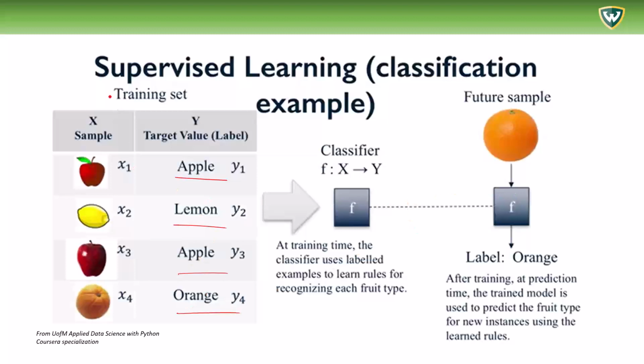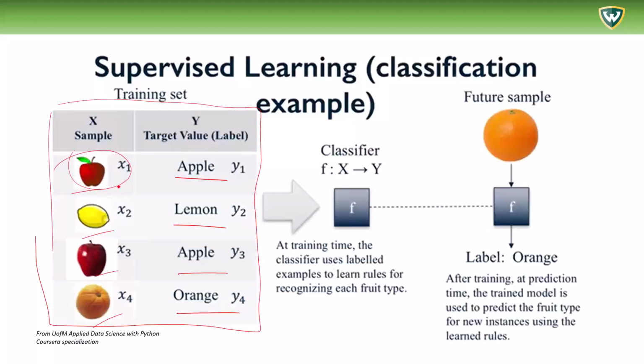So the idea is that we'll have this training data, and the training data is going to have all kinds of information about the fruit, and then we will also have a target or outcome label that we want to train on and then be able to predict. This is the labeled data, meaning that we have the sample with the characteristics and also the actual label.